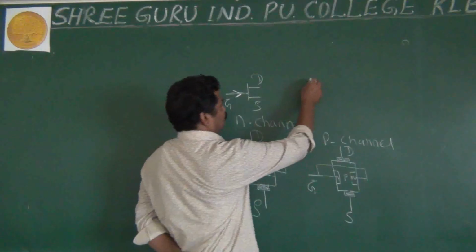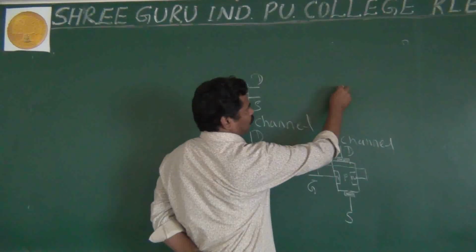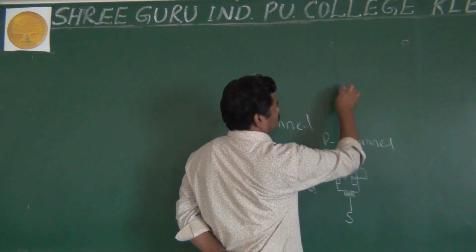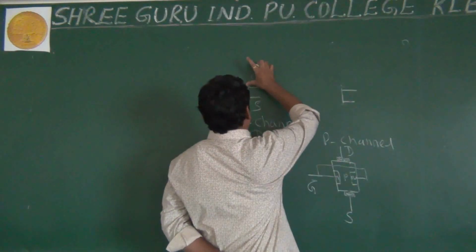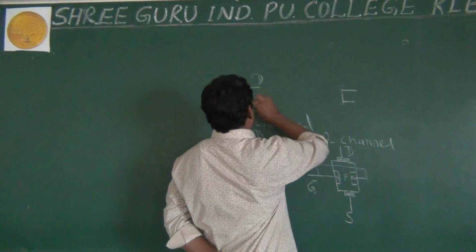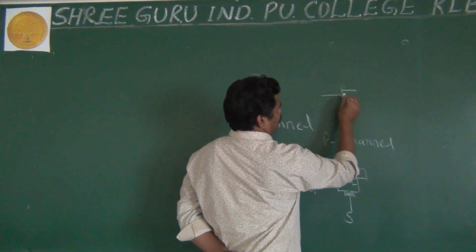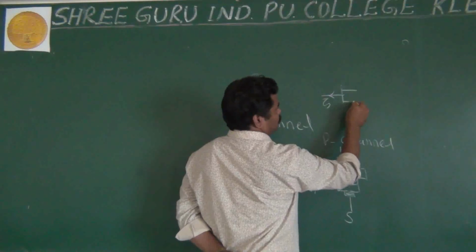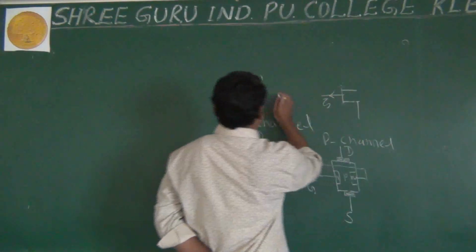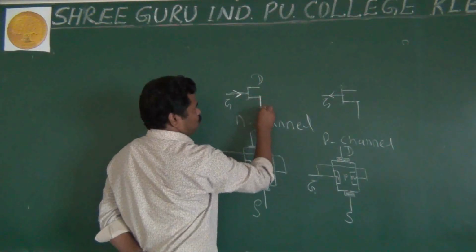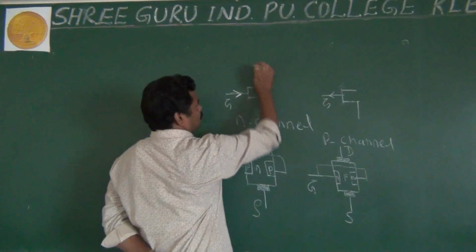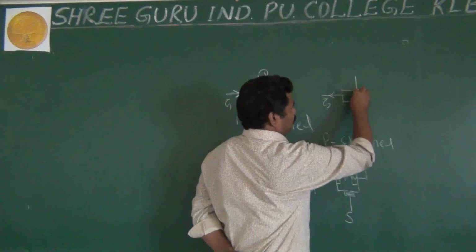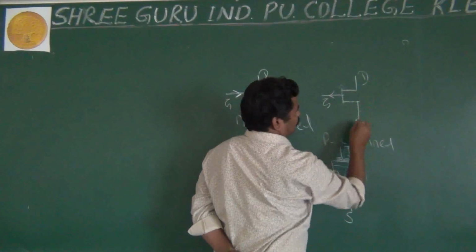And here it is your P-channel, where the arrow is away from the gate. This is your source and this is your drain.